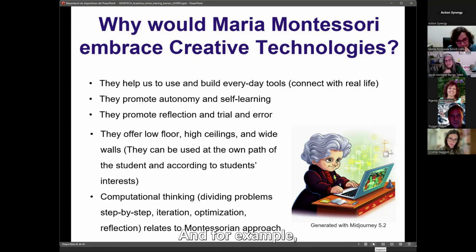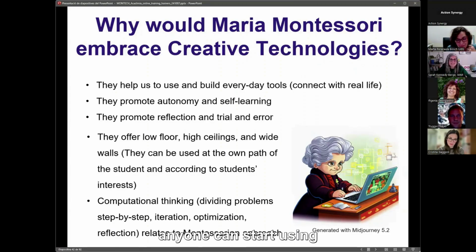And for example, Scratch, when they talk about it, they say there's low floors, high ceilings, and wide walls. In other words, anyone can start using Scratch. The sky is the limit. That's the high ceiling. You can go as far as your imagination will take you, but then also there's wide walls for expansion and for working within different interests and the way you want to go, which path you want to use.